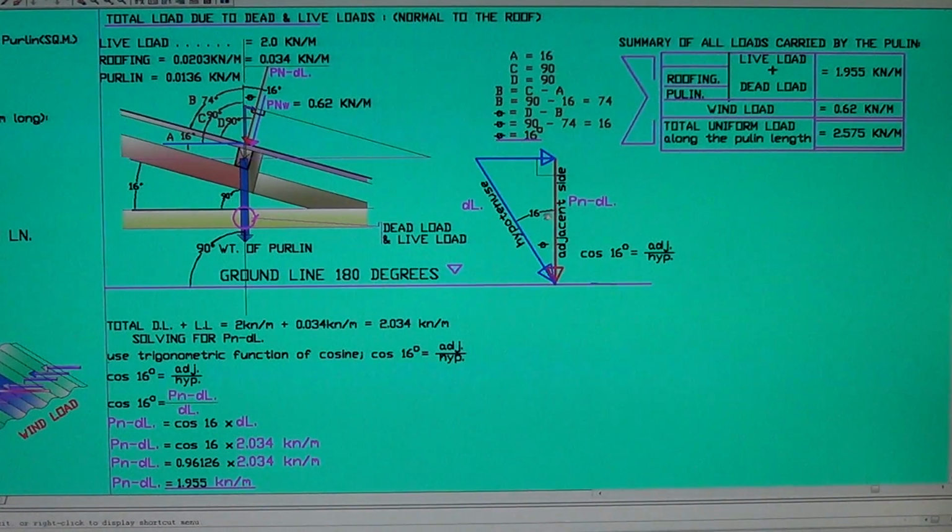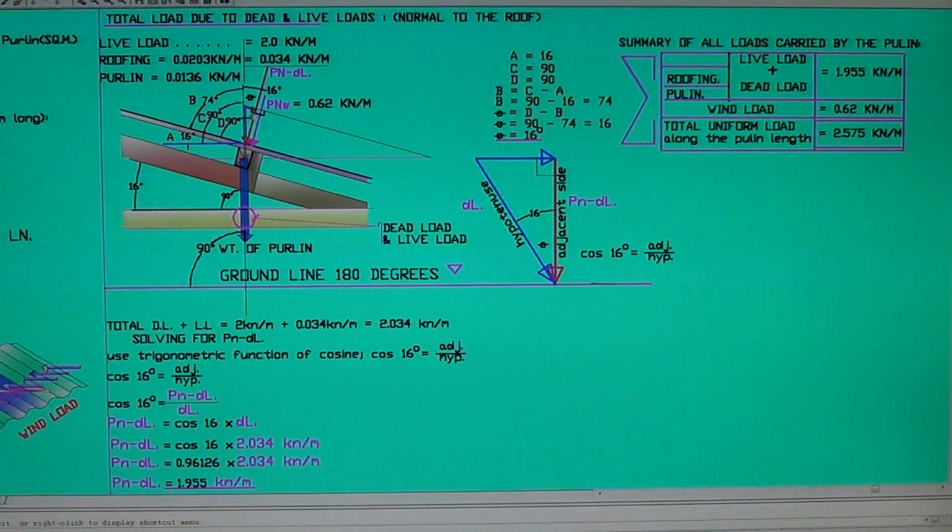Okay, this is the illustration, so we can look at it and solve for the Pn due to dead load and live load. This is the adjacent side of the angle, because this is the 90 degrees, right? The adjacent side right here, the hypotenuse right here, and this is the opposite side. So we're looking for the Pn right here, the adjacent.